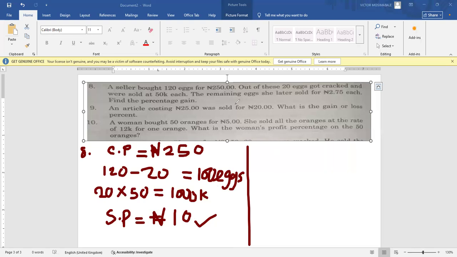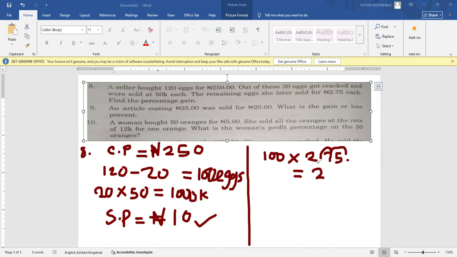Then the ones that were remaining, the good ones, were sold at 100 times 2 naira 75 kobo. If I multiply by these 2 zeros, we move the point 2 places. That's a rule in multiplying numbers by powers of 10.